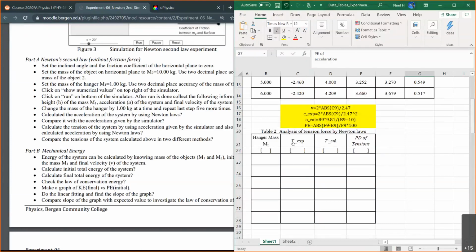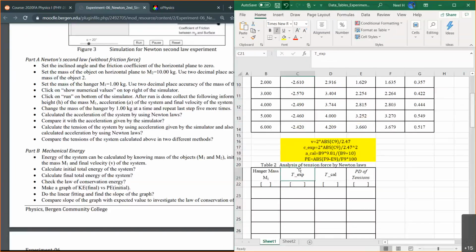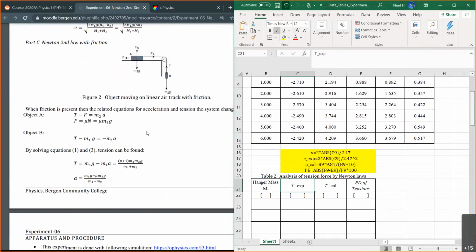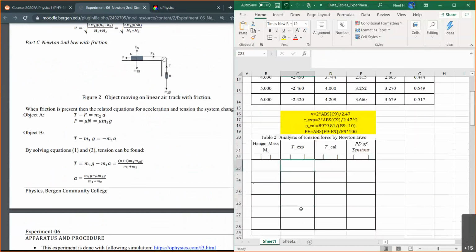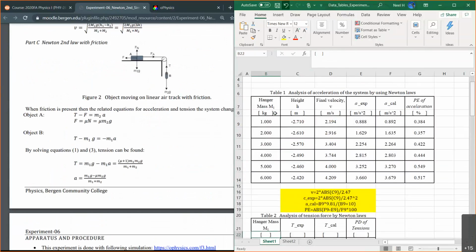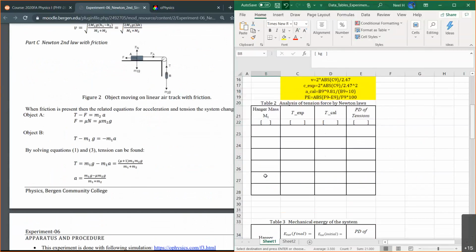The experimental tension value is actually given there, but we don't need that one. We can still calculate it. So hanger mass is the mass right here. You can just copy paste all of these numbers from table 1. Hanger mass, tension experimental, we can calculate.